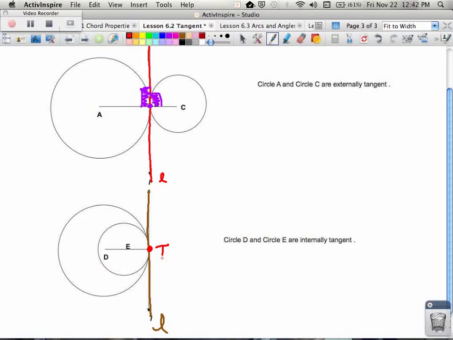These two circles are nested inside of each other and are called internally tangent. Whereas in the previous one, we were talking about externally. And so what you can see, the difference here is externally means the circles are not inside of each other. Internally means the circles are inside of each other. Both scenarios have two circles tangent at the same point.